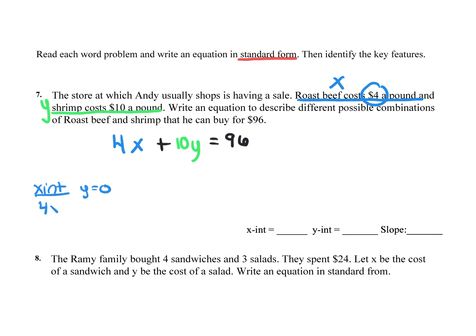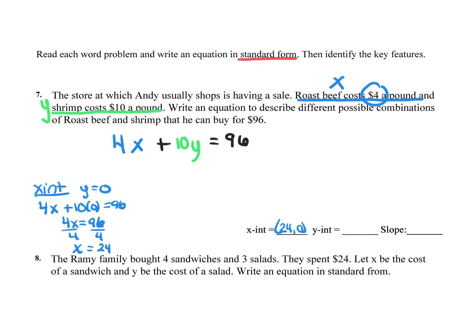So I have 4x plus 10 times 0 equals 96. So 10 times 0 is nothing, so I have 4x equals 96. Divide by 4. When you use a calculator, you should come out with x equals 24. So my x-intercept is 24, 0.